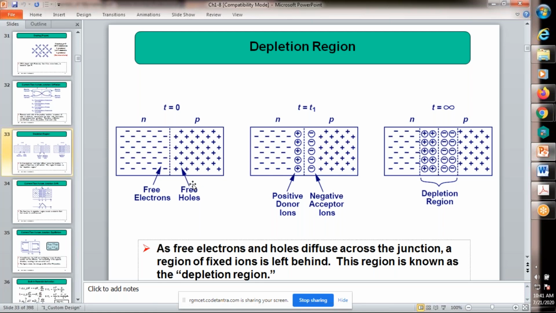Majority carriers are holes. Whenever we connect an N-type material and a P-type material, a junction is formed. At this junction, an electron on the left side recombines with holes on the right P side.